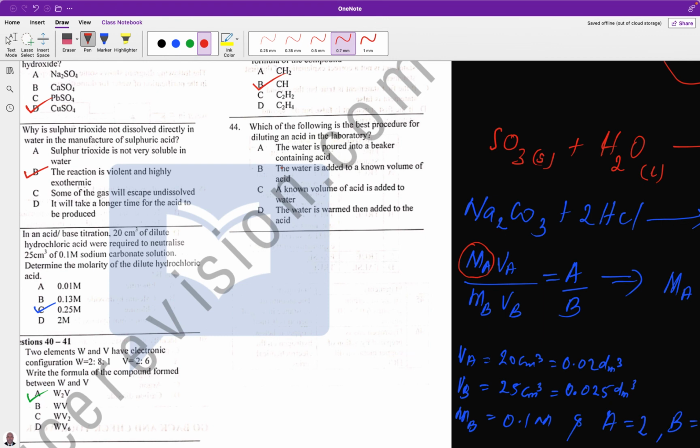Water is less dense. If we pour water on the acid in the course of diluting it, because water is less dense, it will flow on the acid. There will be a reaction that can be hazardous.